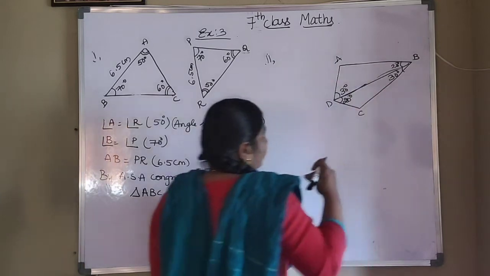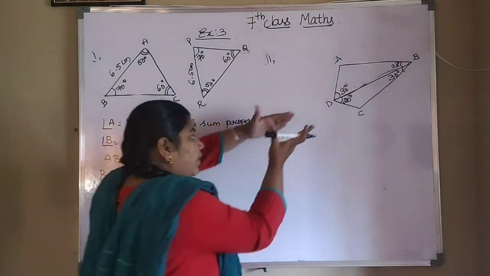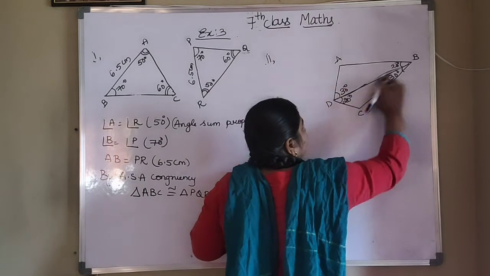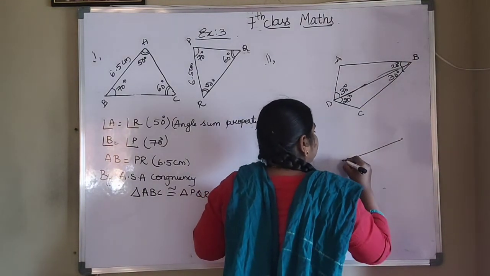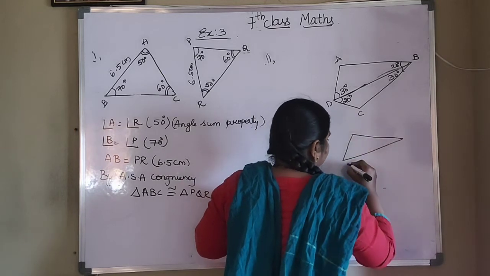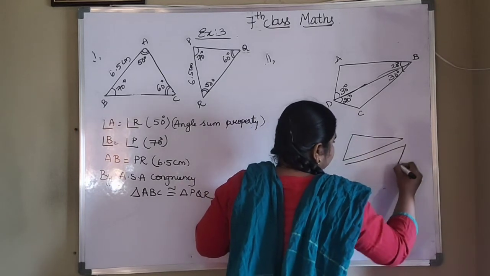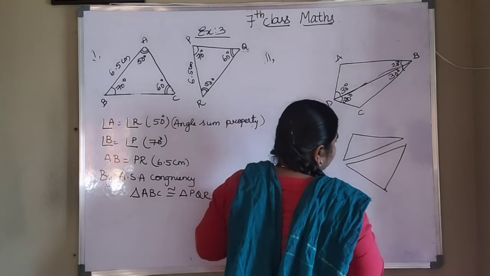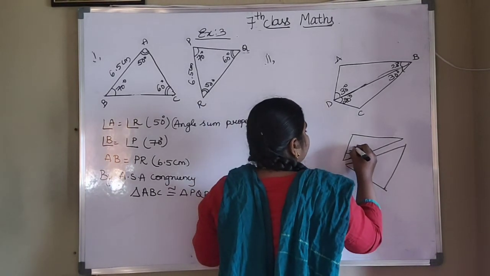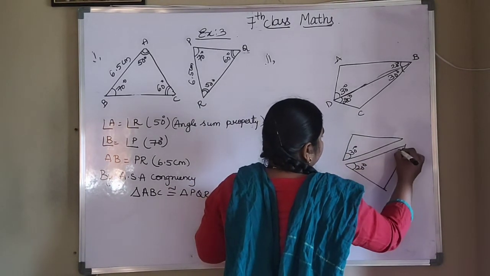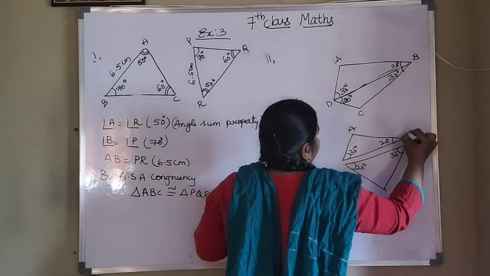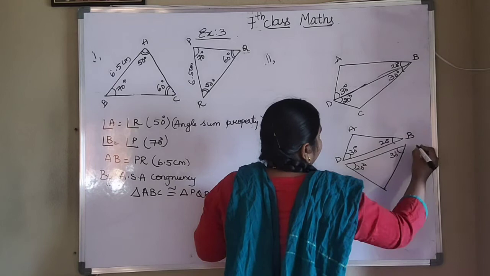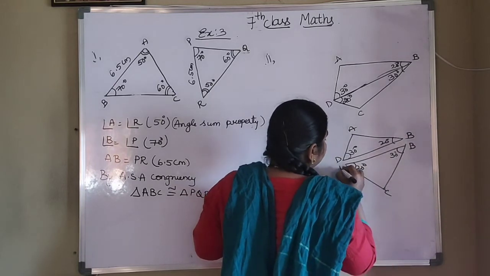So I am dividing this figure. First I am taking this part, after that the lower part. So the first part is like this and the second part is like this. Here it is 30, here 20, here 30, here 20, and this is triangle ABD, and this is triangle BCD.